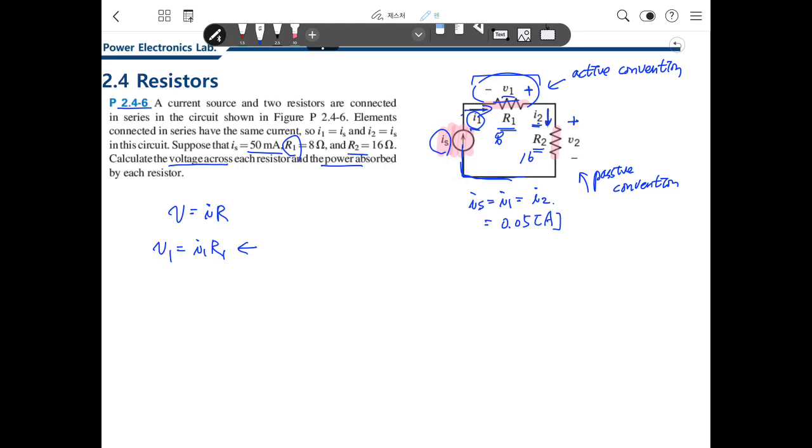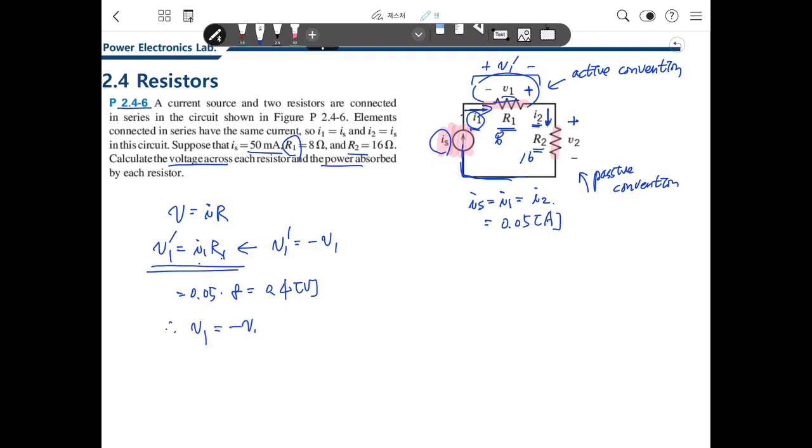Then we can choose another voltage here. We define this plus minus V1 prime. Then V1 prime is specified this way, and V1 prime is minus V1. So what is I1? I1 is 0.05 and R1 is 8. That means 0.4 volts.